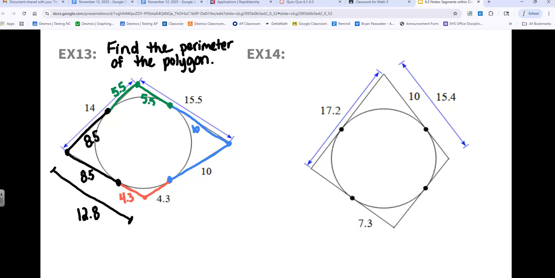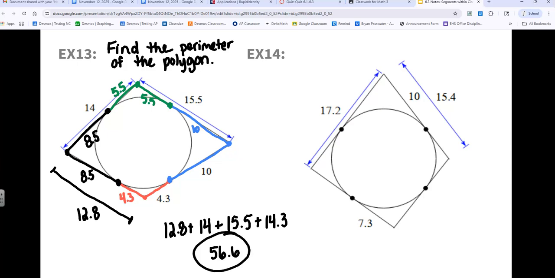So now we're looking for perimeter, so we would need to do 12.8 plus this side here is 14. This side here is 15.5. This side here would be 14.3. And so if we add those four together, we got 56.6 as our perimeter. And I want you guys to at least get started on your assignment, so we're not going to do 14. It's a very similar problem there. Okay, questions?